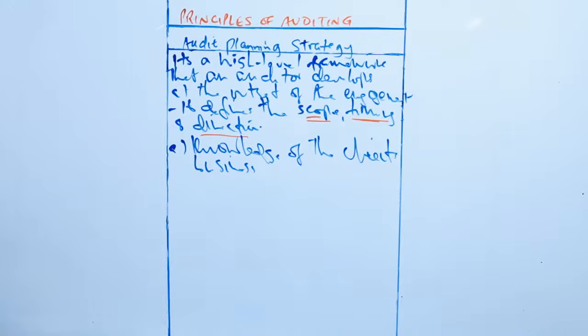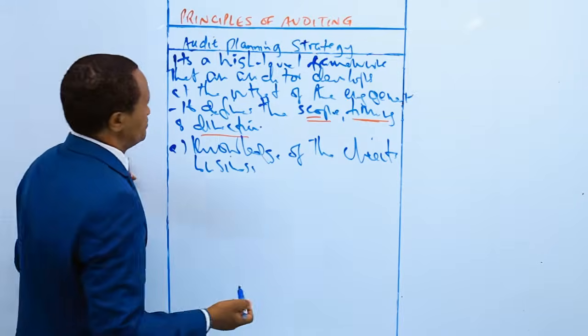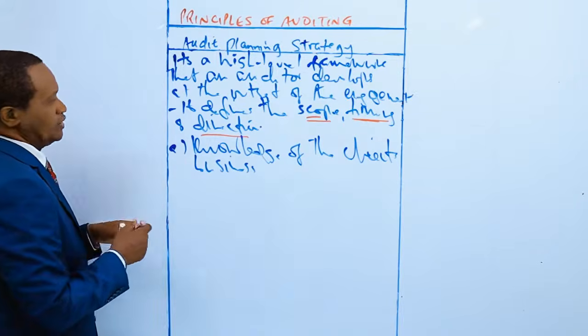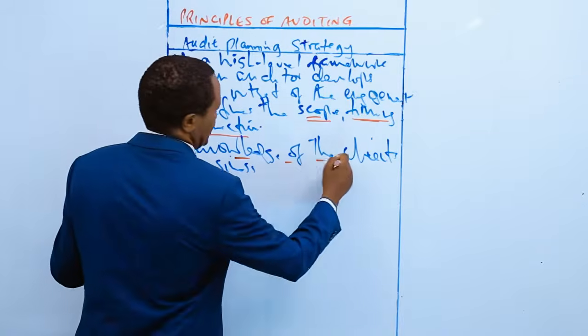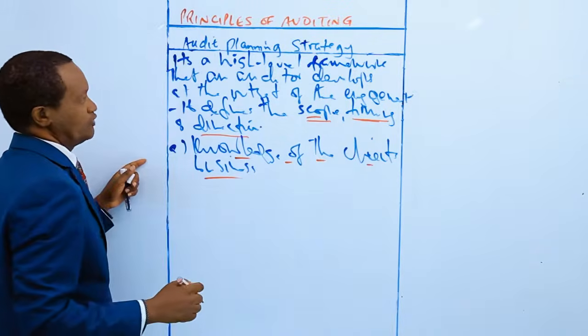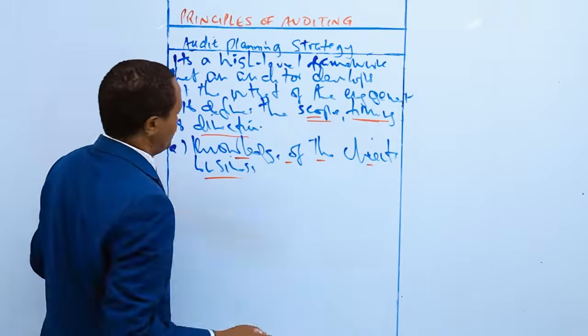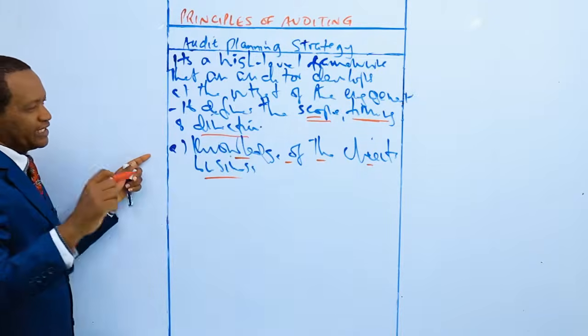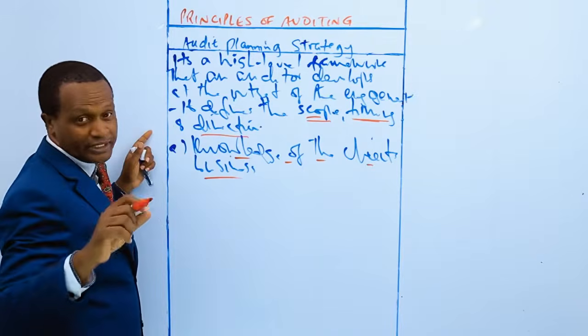So the auditor, first of all, has to gain deep knowledge and deep understanding of the client's business. Gaining a deep knowledge of the client's business is the foundation step in the audit planning. You cannot develop an audit planning strategy before knowing or understanding the client's business.